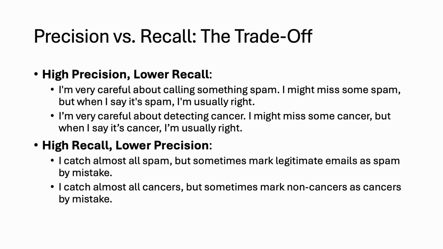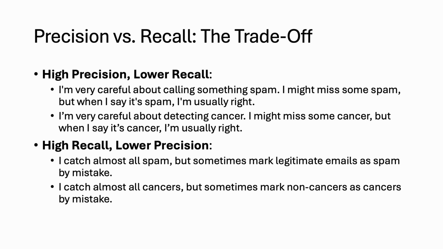Then we can ask for a second test to verify whether that cancer is actually cancer or not. So in this case, we can prefer high recall and lower precision.